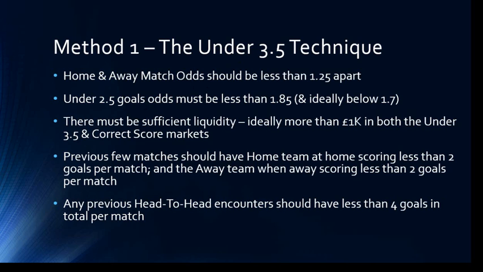Reason for that is that we want a match that is very likely, according to the odds, to end with less than 3 goals. That means we will definitely have a score that will enable us to win the bet.